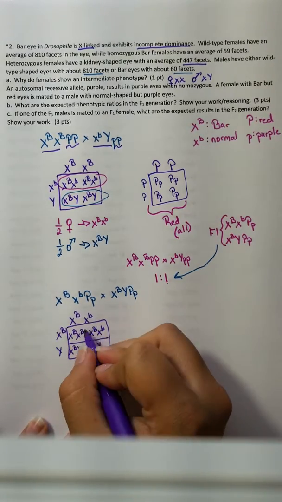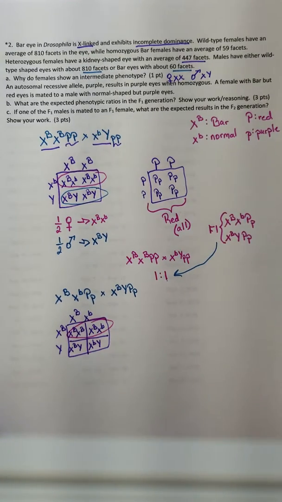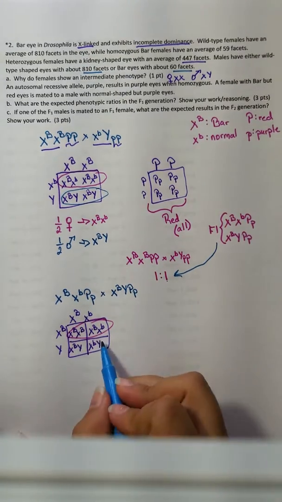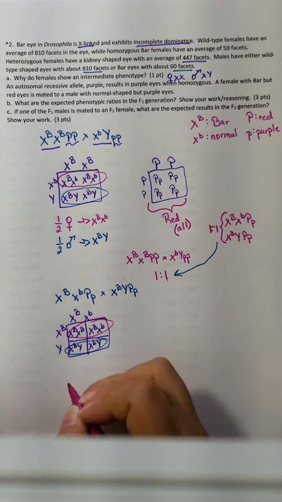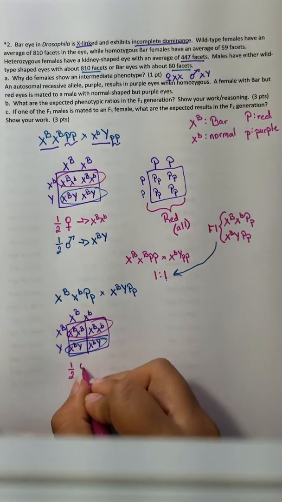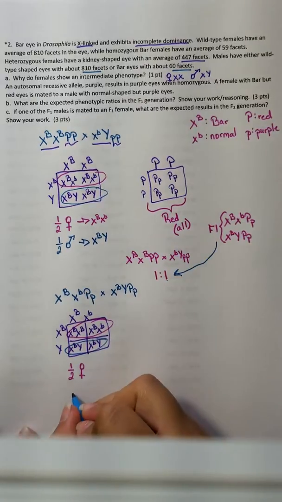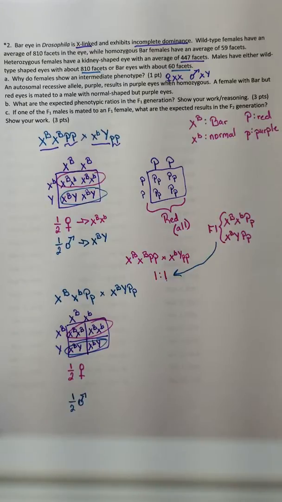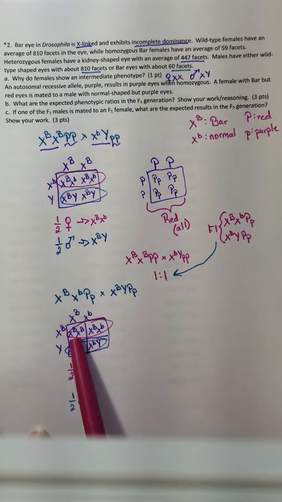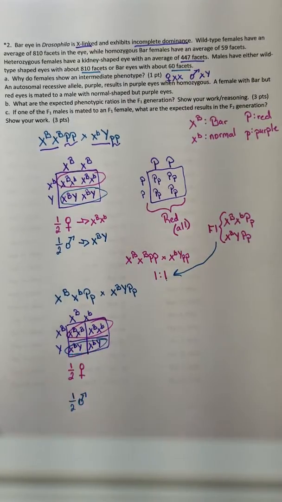Okay, as we can see again, half of your offspring will be female and the other half will be male. However, unlike the other one, let's write this first. Half female, right? Okay, and then your other half is male. Okay, now however, in this case, you have females who are bar-eyed, and then you also have females who are the heterozygote.